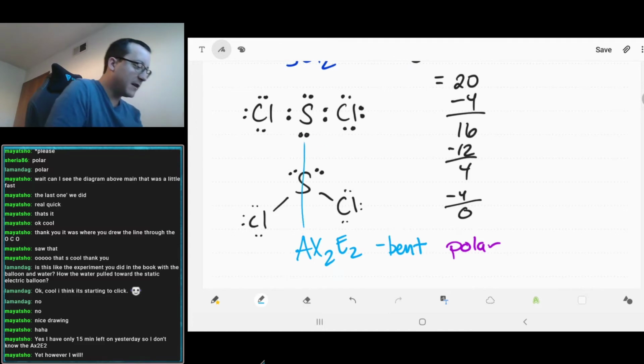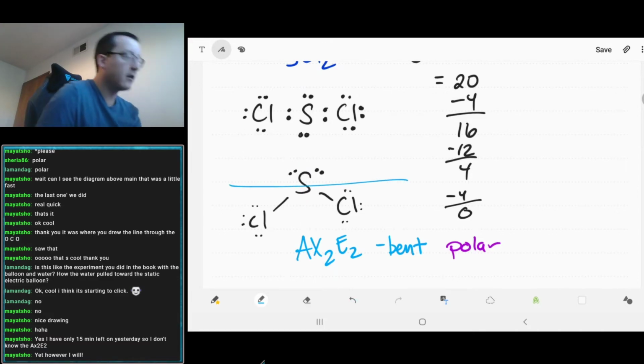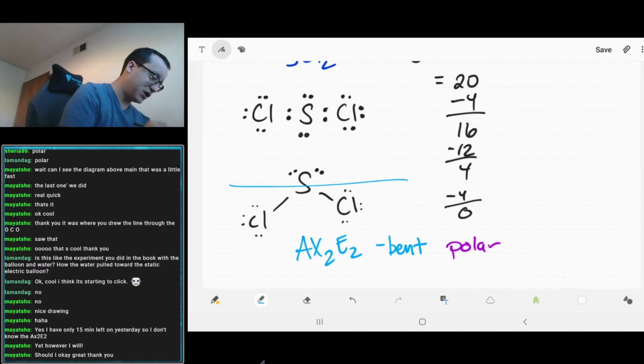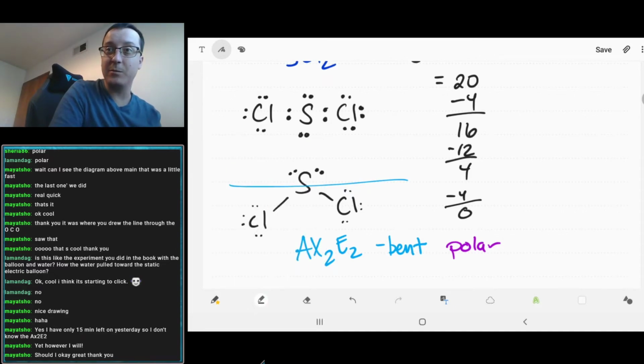So if we draw one this way, we're going to say, oh wait, but look, it's the same. But if we draw our line over here, you see it's definitely not the same. Remember, for a molecule to be symmetrical, you have to be able to draw the line anywhere, and if it is not changing anywhere you draw it, then it's symmetrical.